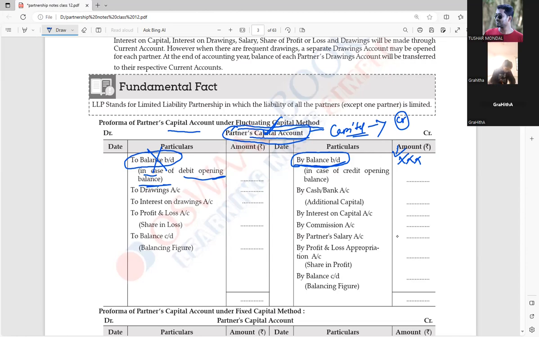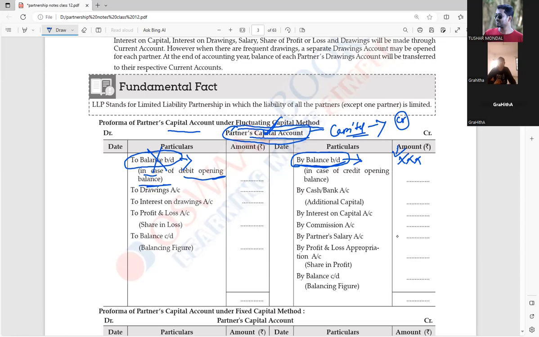At that time the balance brought down should come on the debit side. Otherwise, every time you have a capital balance, it will always go to the credit side only. So first point over: balance brought down in the partners' capital account is always credit side. Debit side only in exceptional cases.